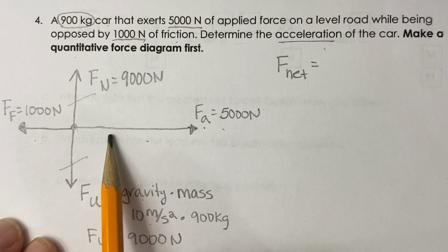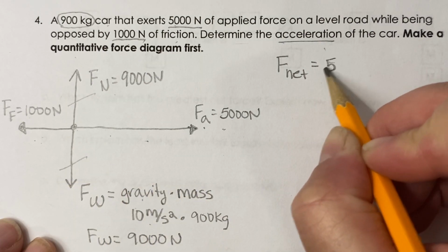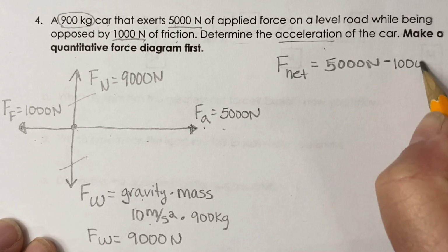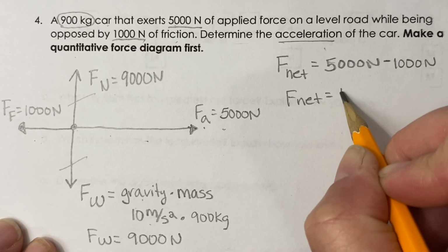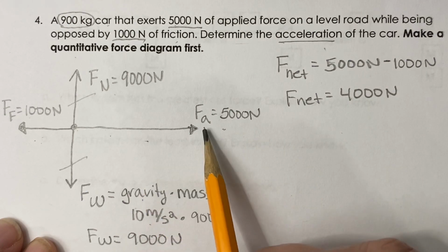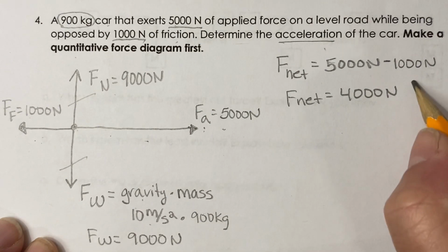They're opposite each other, but they're not equal. To figure that out, we're going to find the difference in these. So 5,000 newtons minus 1,000 newtons. My net force is going to be 4,000 newtons. Which direction? It is going in the direction of the applied force.